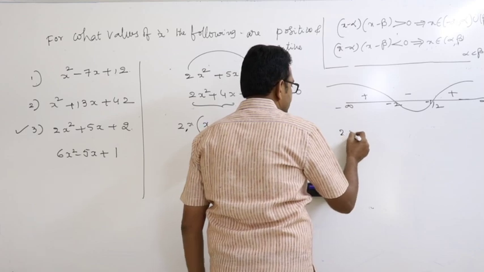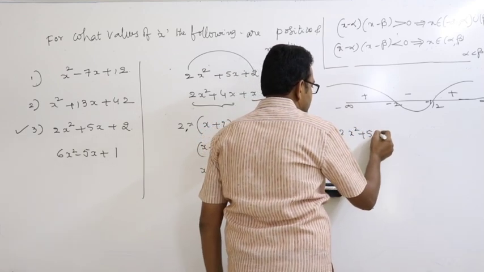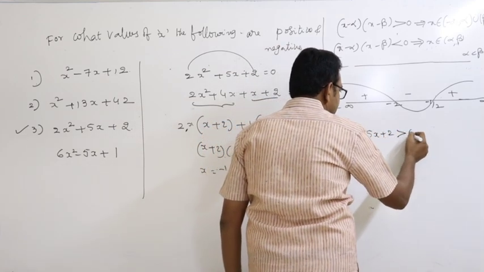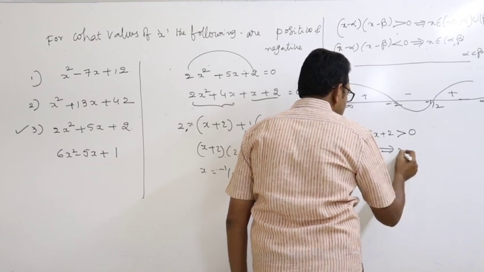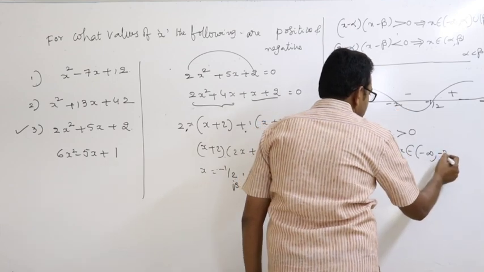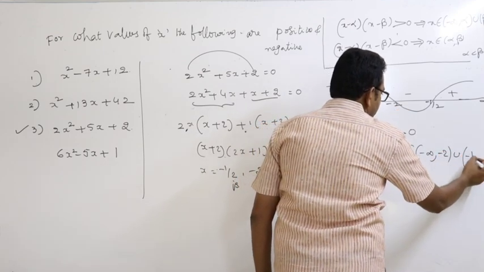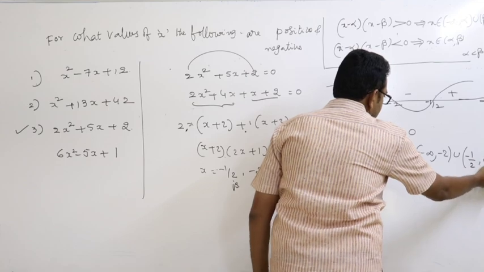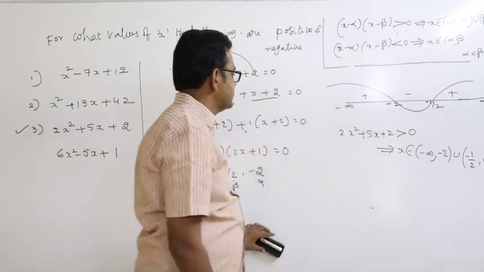So, 2x square plus 5x plus 2 is greater than 0 implies x belongs to minus infinity comma minus 2 union minus 1 by 2 comma infinity. In this interval, the expression is positive.